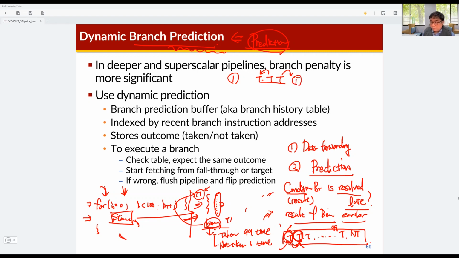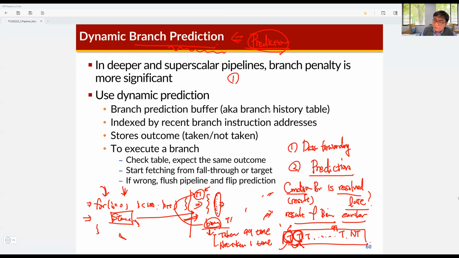So this is the prediction technique. We need to monitor the previous events, the previous results of the branch instruction, and then based on this result history, we can predict the future event of the branch instruction. This is the basic prediction technology applied to our processor design.